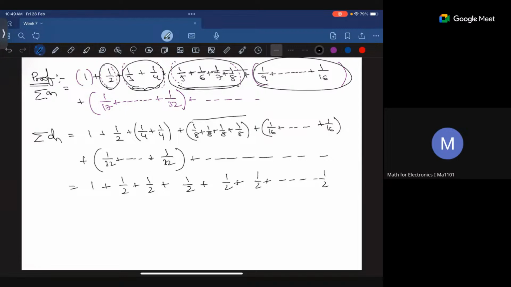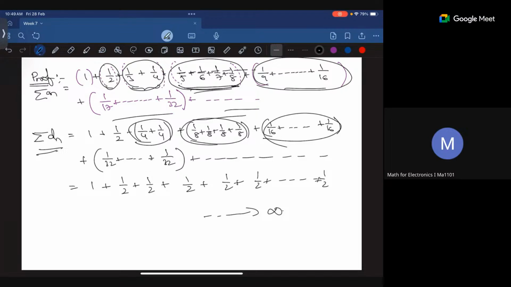If I add half, it will just move. If I add one more term, it will just move from there. So this will go to infinity. So this d_n is actually a divergent series. And also the terms in this series are lesser than the terms in the earlier series, which will eventually tell us that this series a_n is divergent.